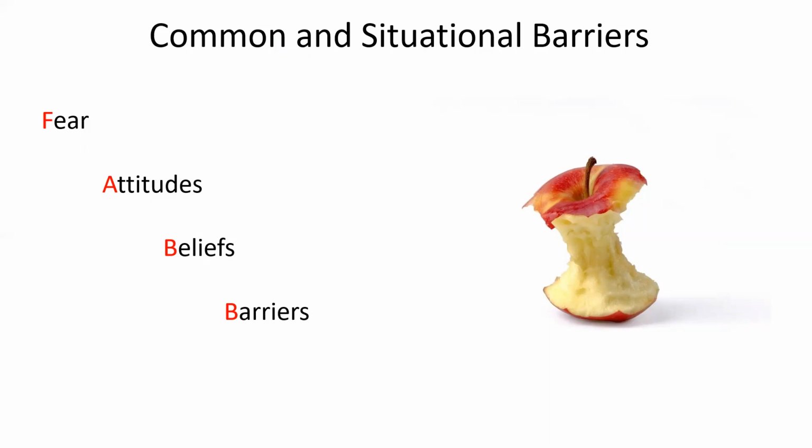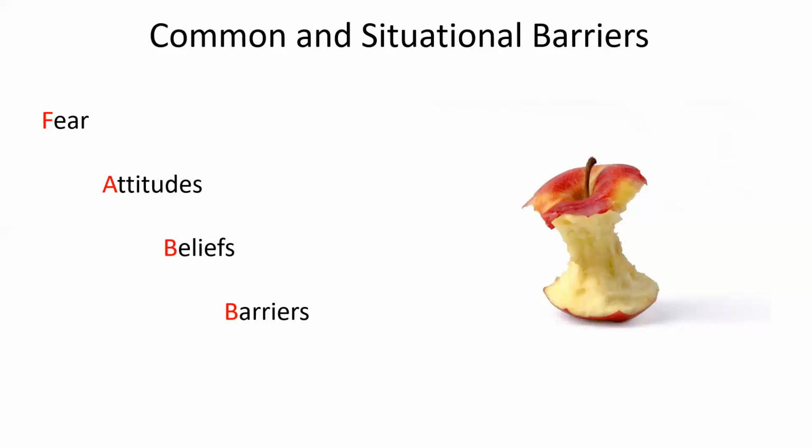So how do we begin to figure out what are some of the common and situational barriers that they may be facing that is standing in the way of them being able to engage? So step number 2 of the Core 4 framework is to figure out our learners' common situations and barriers, and then create a plan to help mitigate those barriers, right?